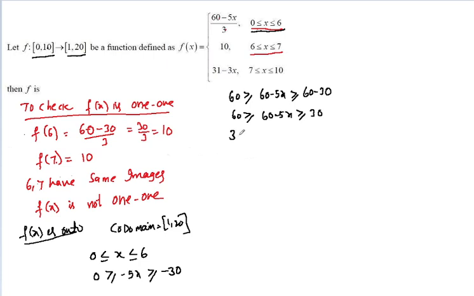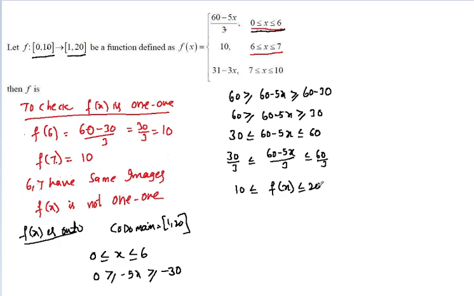This is written as 30 less than or equal to 60 minus 5x less than or equal to 60. Now dividing by 3, that is 30 by 3 less than or equal to 60 minus 5x by 3 less than or equal to 60 by 3.